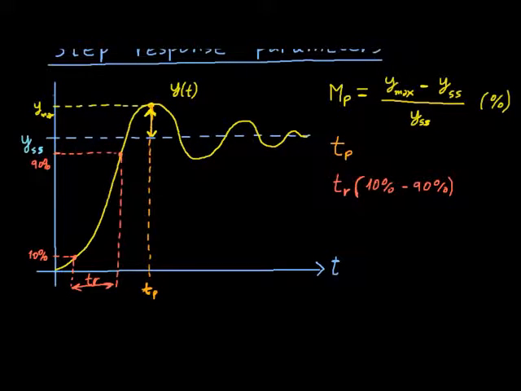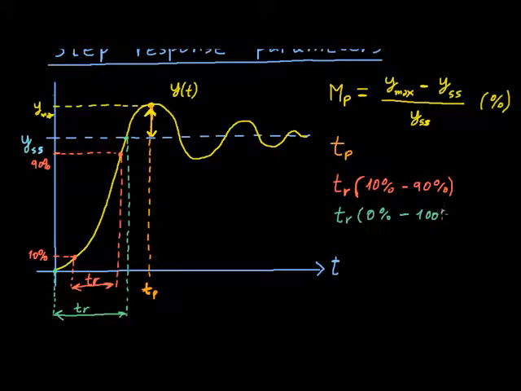We could have decided to measure the rise time as the time it takes the system to go from zero, from the beginning of the response, to its final value, to the first time the system crosses y_ss, and then we would get this value for the rise time, and in that case we would be talking about the rise time from 0% to 100%.